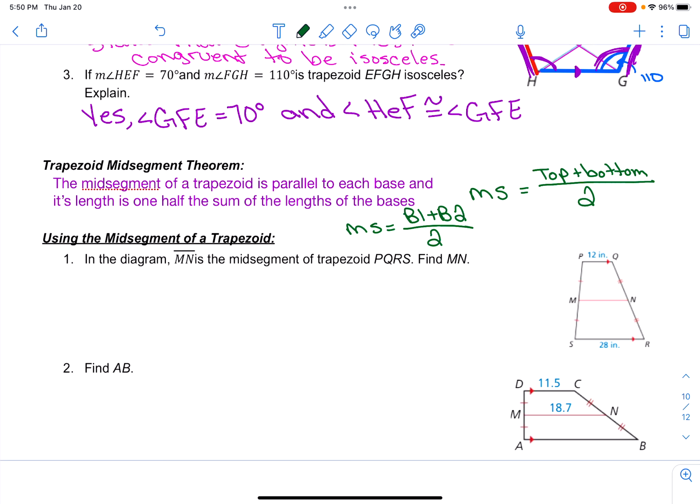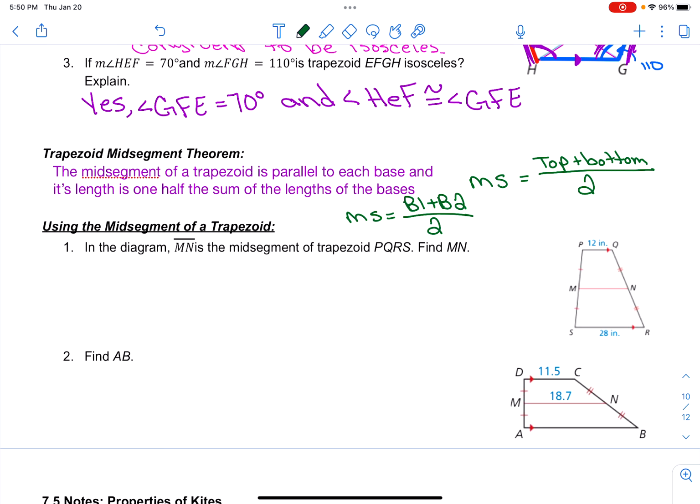Okay? So in our last two examples we have here, it says in the diagram, MN is the mid-segment. So this guy right here is the mid-segment of trapezoid PQRS. And we need to find the measure of MN. So to do that, MN equals our top measurement plus our bottom measurement divided by 2.